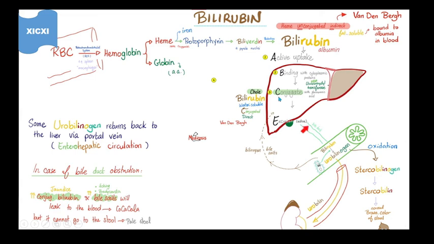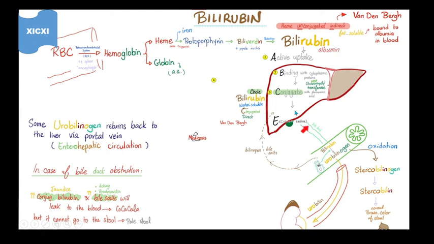Our target is to excrete it from our body, either through the kidney in urine, or through the small intestine in the stool. Now after being conjugated, it is water soluble and able to be transported in the blood, and when the blood reaches the kidney, it can be filtered out by the glomerulus and end up in the urine as urobilinogen.